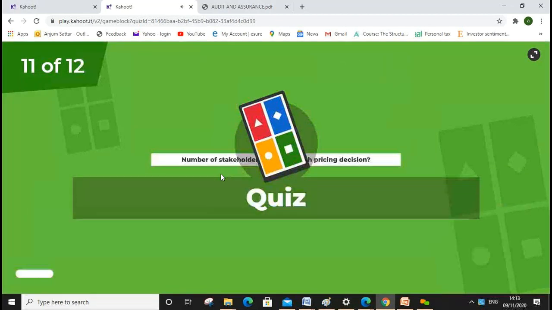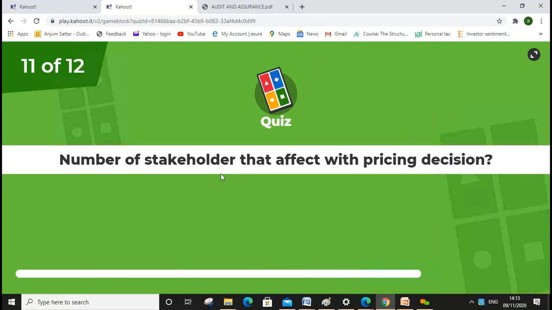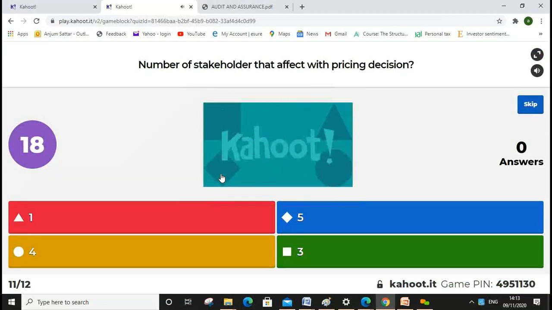Oh, I got that wrong. No problem, don't worry. What about the pricing decision? Number of shareholders can affect the pricing decision. If you have more stakeholders, it will affect the pricing decisions.